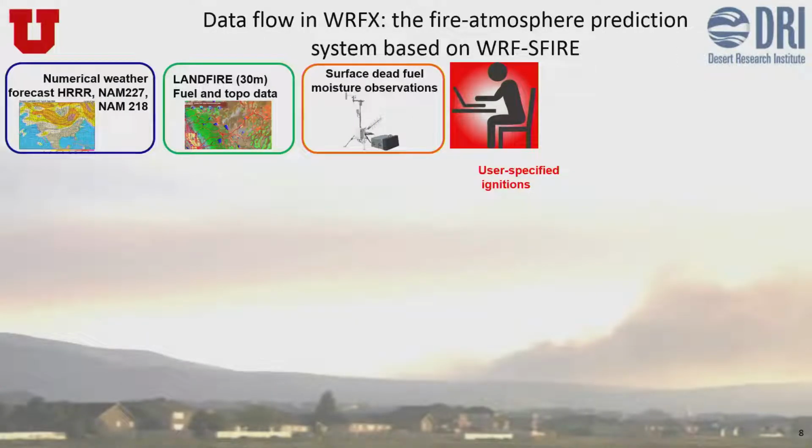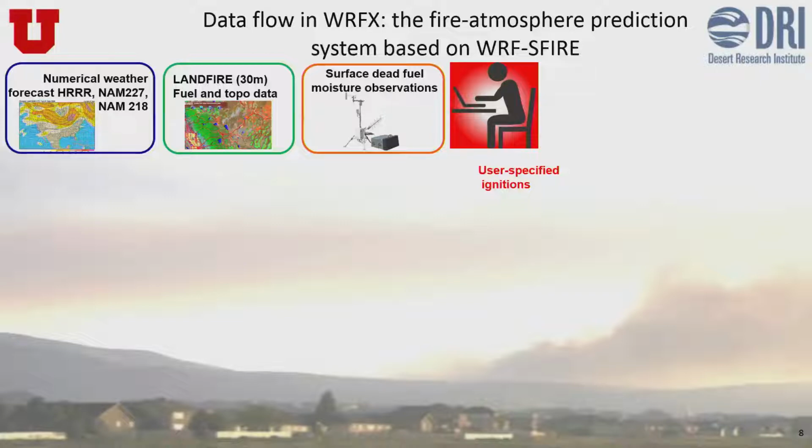So how can we use this kind of framework to provide some forecasting capabilities? Here is a simple diagram showing our WRF-FX system, a prototype system that uses WRF-Fire as an engine to provide on-demand coupled fire atmosphere forecasting capabilities.